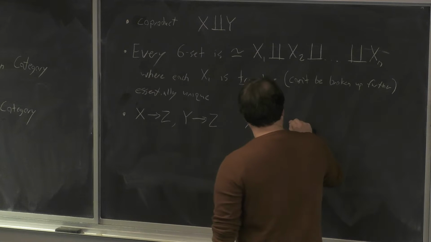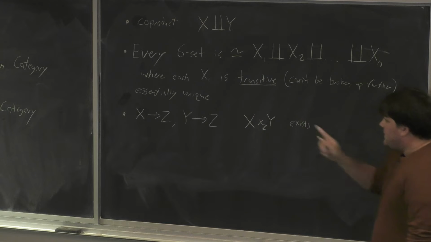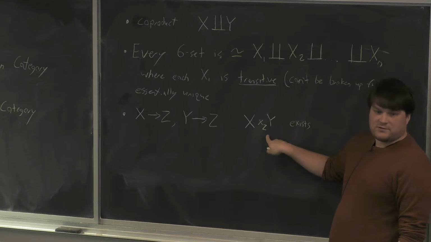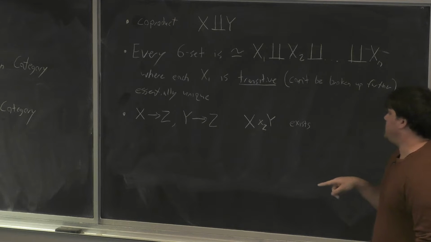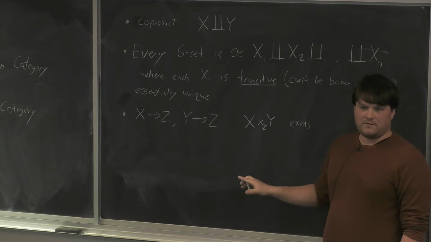So I have fiber products satisfying the right universal property. In particular, I want to say one special thing about G sets: this fiber product is non-empty if x, y, and z are all transitive.